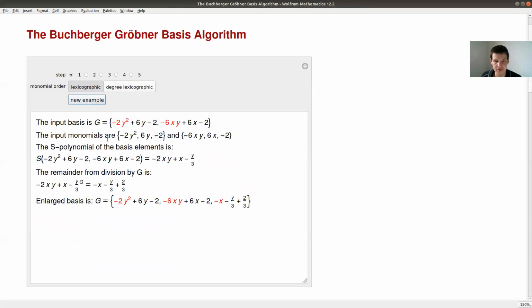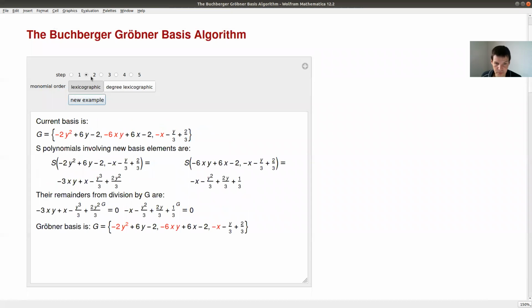Okay, so let's do another one just to get started, just to get the feeling. So you start with two certain polynomials. You do this S polynomial for all pairs you can form in G. You get something, you do a polynomial division, you see something new, you put it into your set, and you repeat.